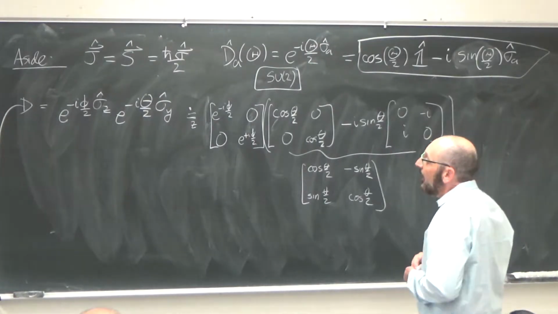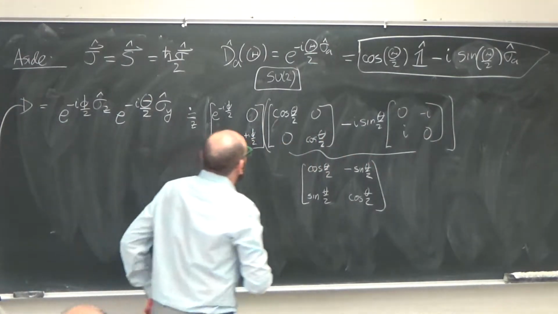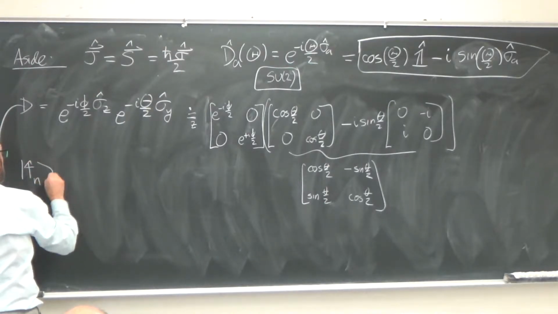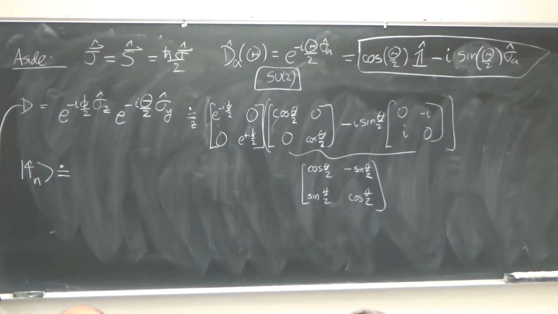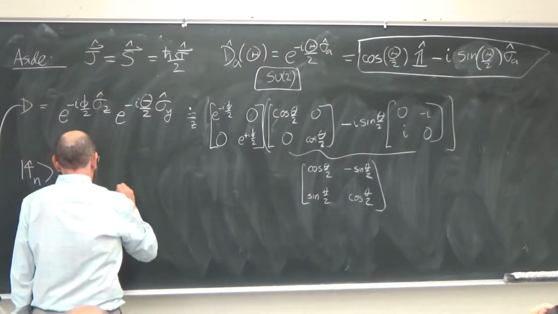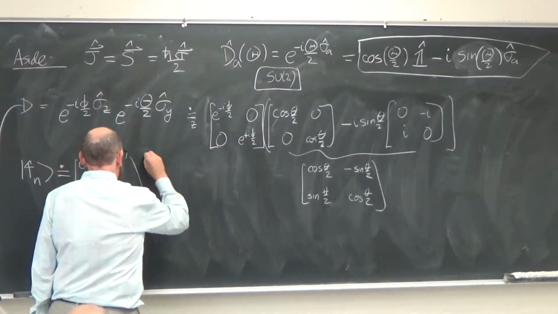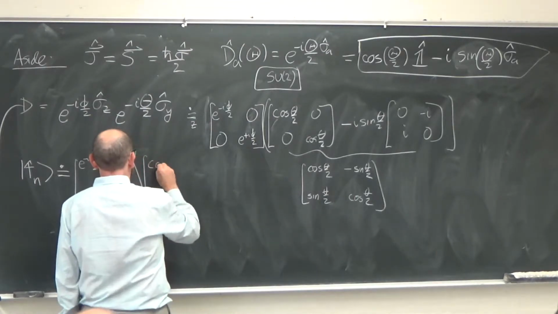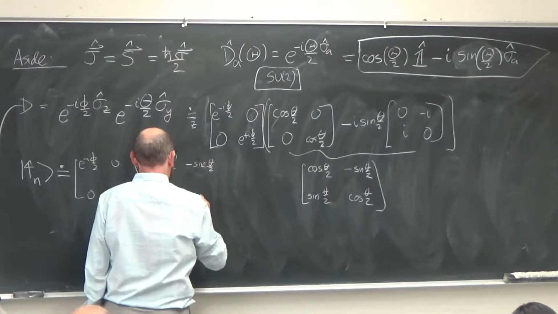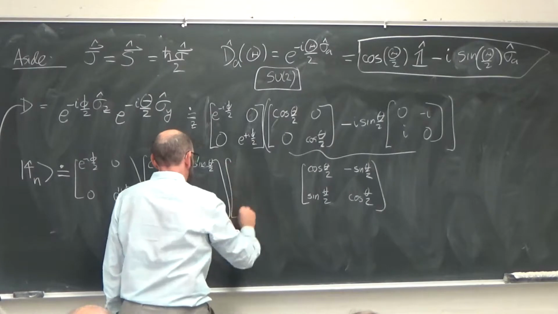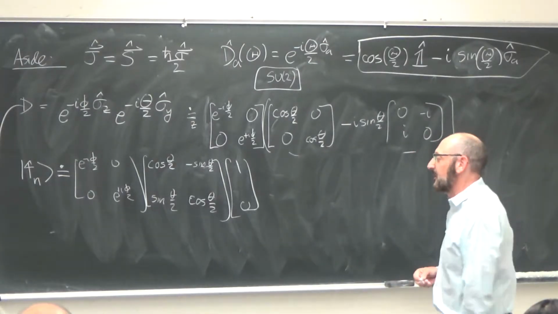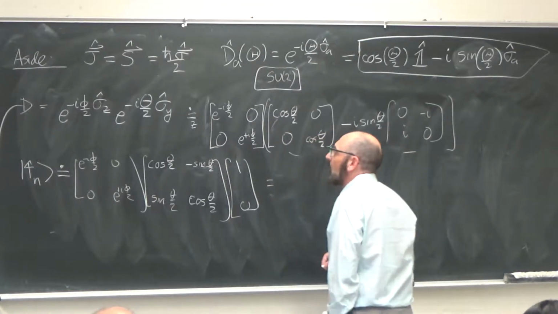Right, so with that said, if I want to write spin up along n represented in the standard basis, there are many ways to skin this fish. So, what do I have?